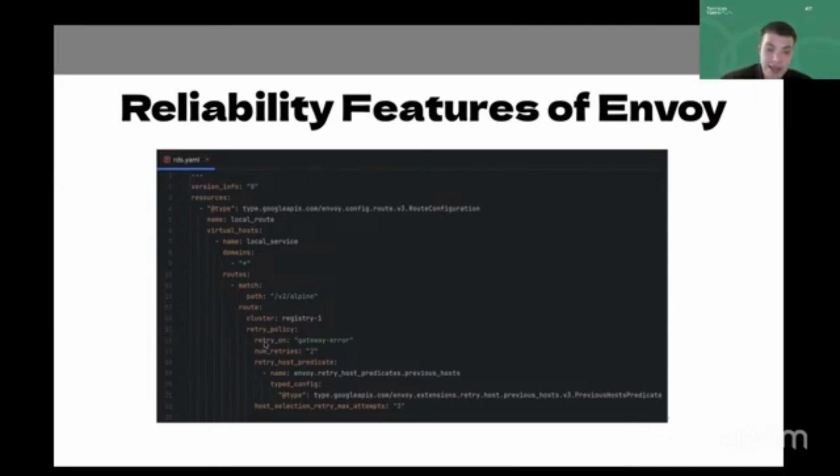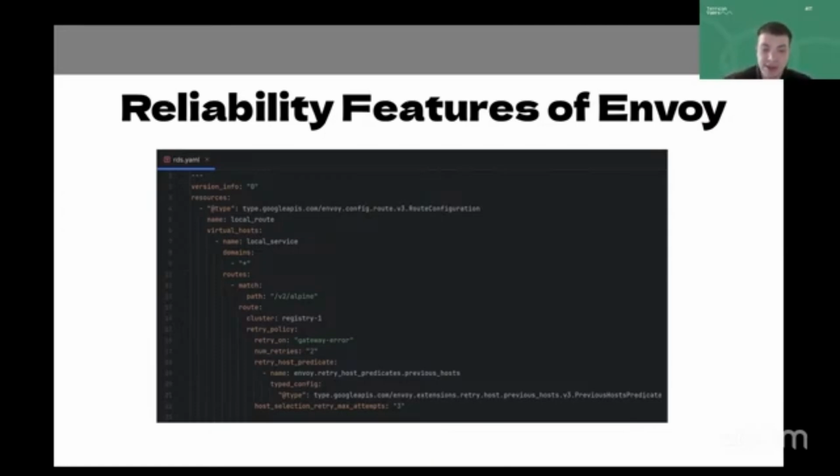We just add the retry policy section below, and we specify that we want to retry gateway errors, which means that we will retry 500 and so on errors. For example, 503. And then we specify the number of retries we want to perform. In our case, let's say it will be 2.